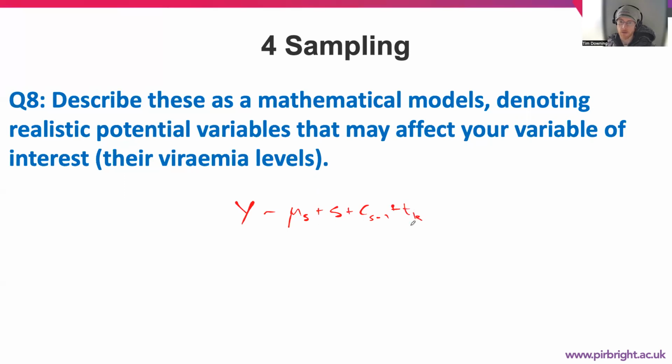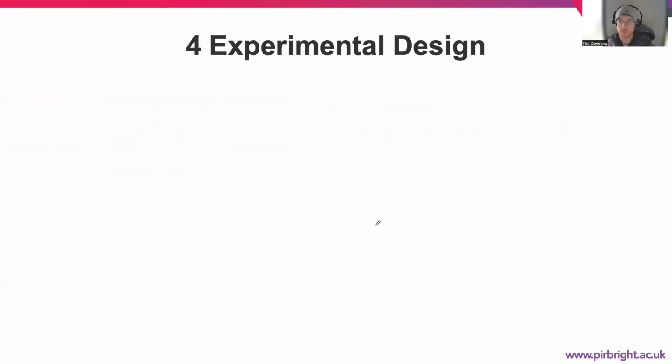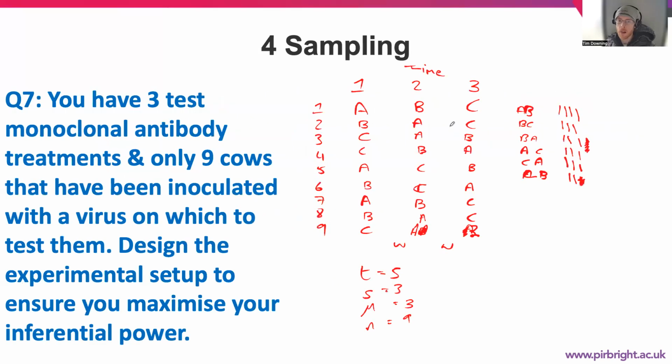So some time period K. So then we can think for the first ones, there's no carryover, but then for the subsequent ones, there is. So what we could even do here is also have a time period 4 here where we add on the same treatment again, C, C, B, A, B, A, C, C, and B to see if we can test the carryover onto each particular type.